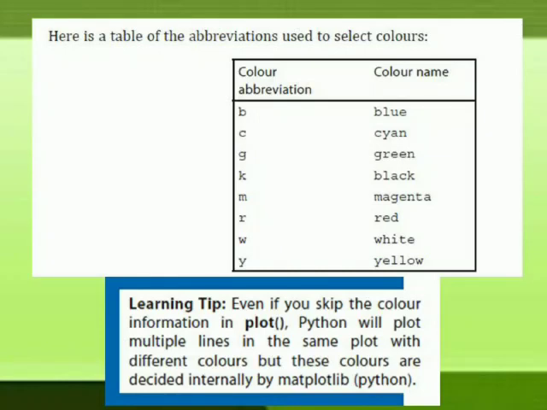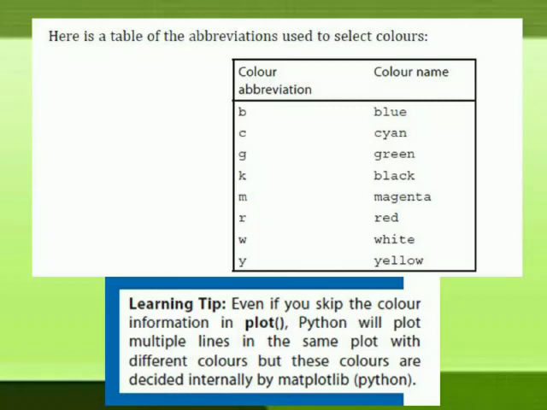Here is a table of abbreviations used to select colors. If I write b, the line will be printed in blue color. C is for cyan, g is for green, k for black, m for magenta, r is for red, w is for white and y is for yellow. Now one thing to be noted.